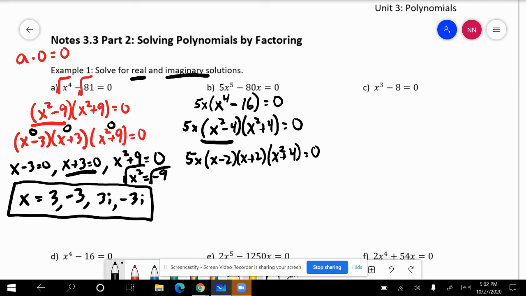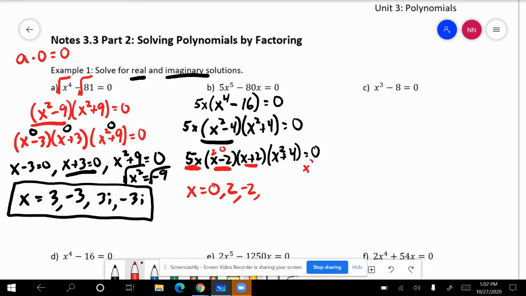Similar to the last one, what we're doing is we're setting each of these equal to 0. We're going to try to do this in our head. What would give us a 0 here would just be 0, and all monomials are always 0. For the binomial, we would add 2. So if we were to plug in a 2, that would give us 0. If we were to plug in a negative 2, that would give us a 0. This is going to be similar to the last one.